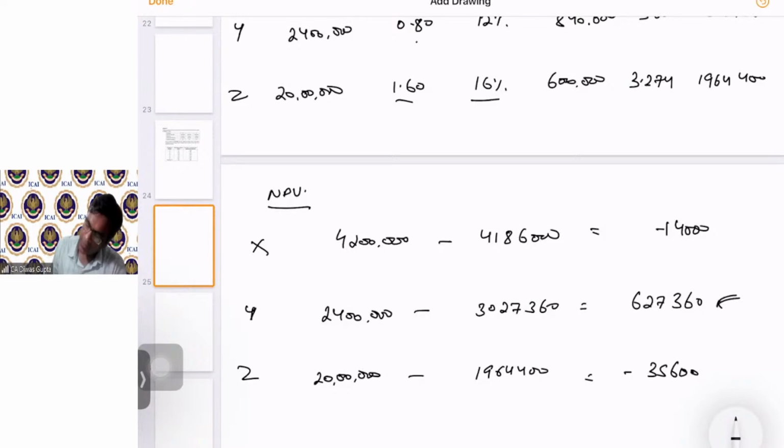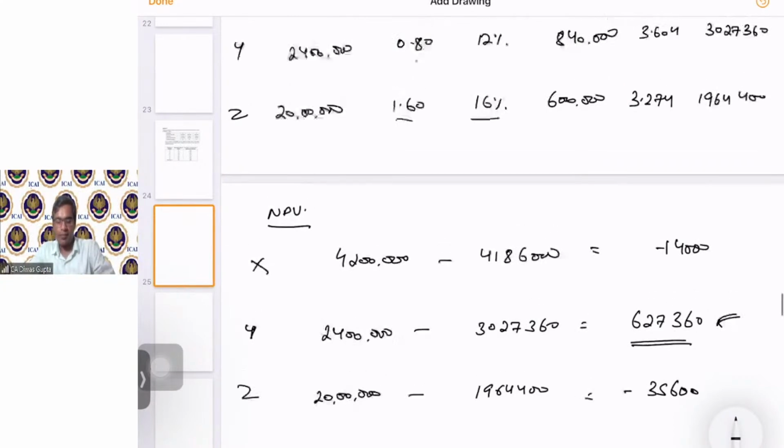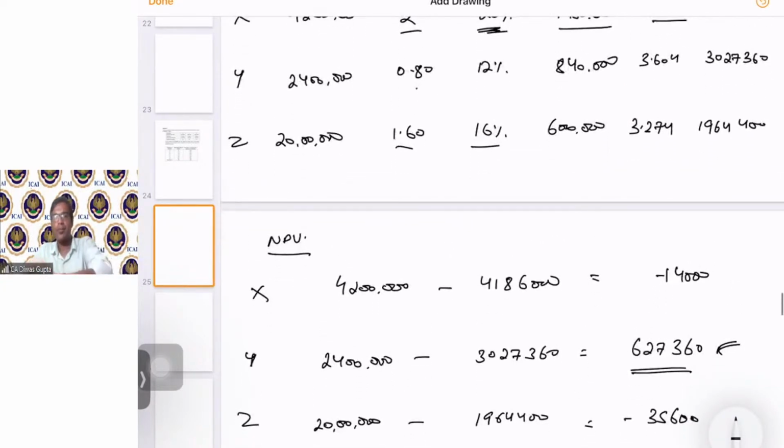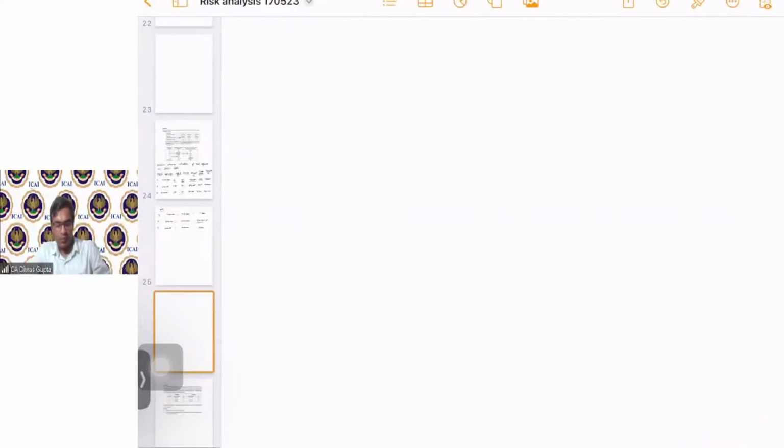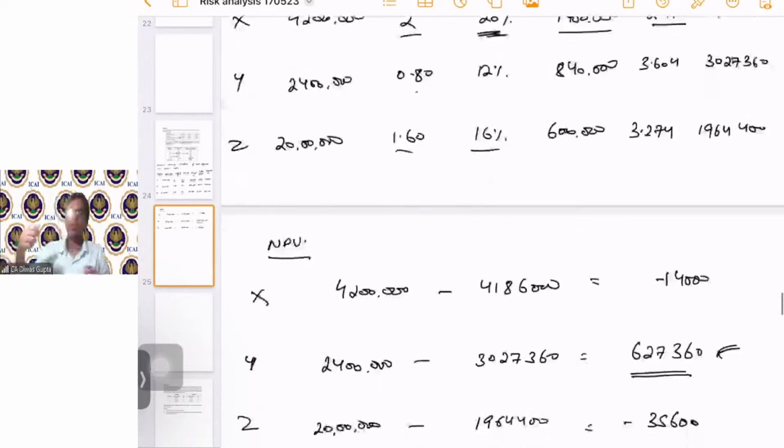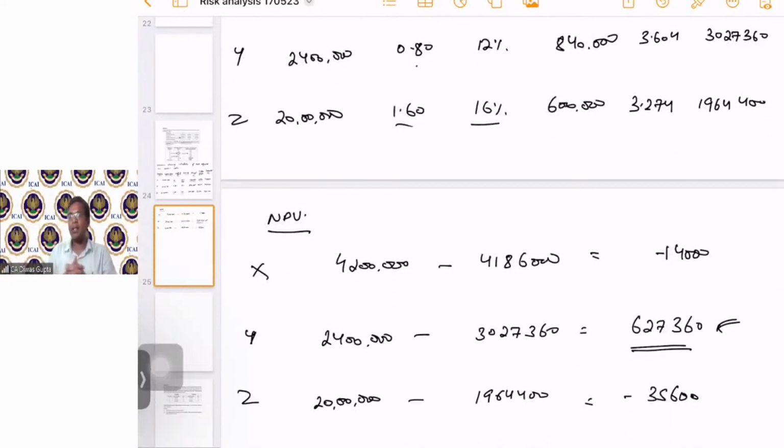So this project should be selected because it has a positive NPV. Correct? So project Y should be selected because this is having a positive NPV.